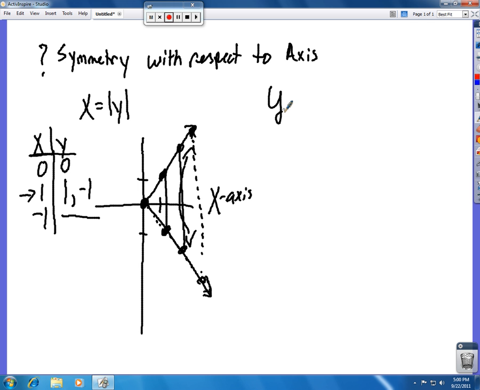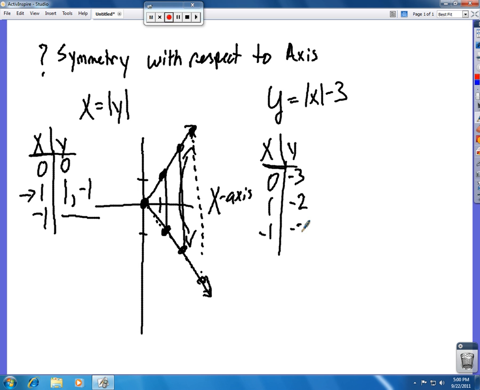Okay. Now what if we had y equals the absolute value of x minus 3? Well, again, you don't know what it looks like, so plug in your little chart here. 0, 1, -1. If we plug in 0 for x, you're going to have -3 for y. We plug in 1, you're going to have -2. We plug in -1, again, you're going to have -2. So with that being said, we'll just graph these few points to get an idea of what's going on.